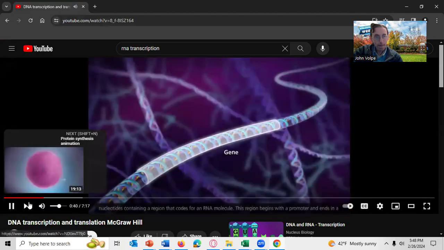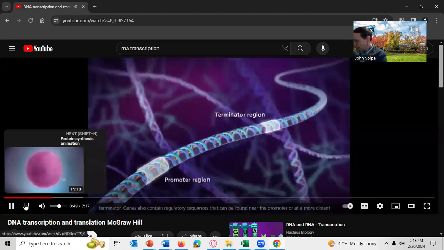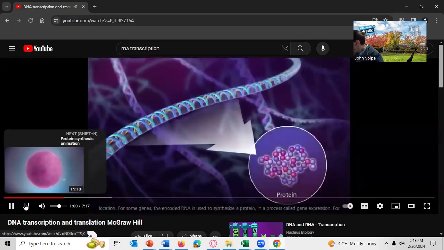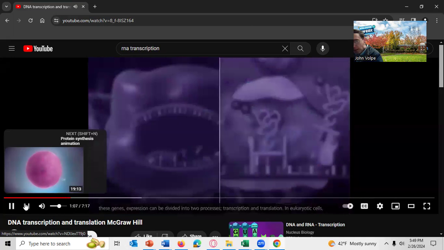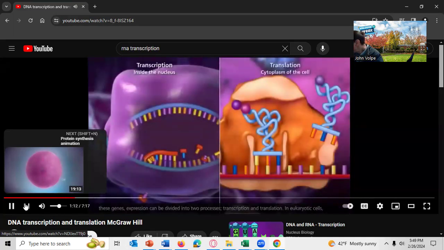A gene is a continuous string of nucleotides containing a region that codes for an RNA molecule. This region begins with a promoter and ends in a terminator. Genes also contain regulatory sequences that can be found near the promoter or at a more distant location. For some genes, the encoded RNA is used to synthesize a protein in a process called gene expression. For these genes, expression can be divided into two processes: transcription and translation.